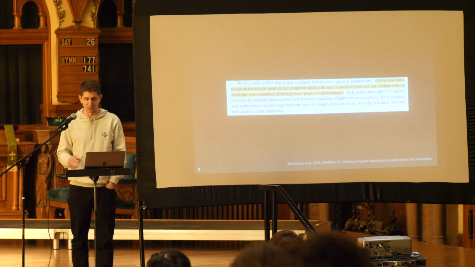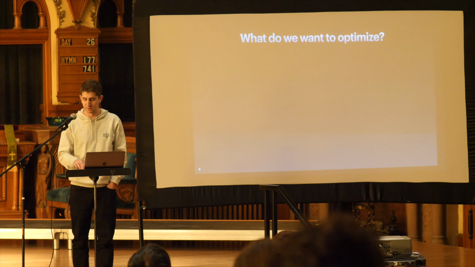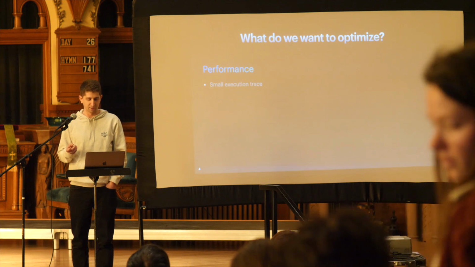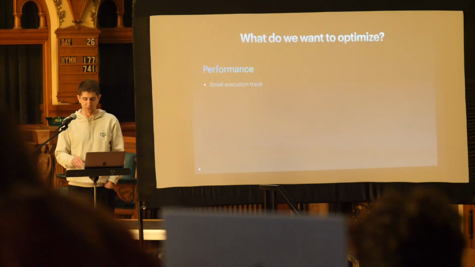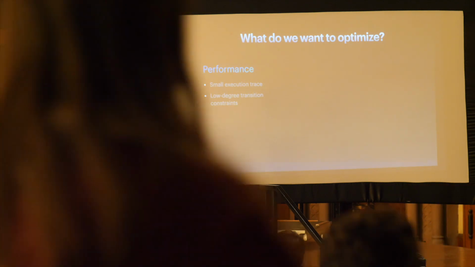And I think not much has really changed 10 years later. So this is performance in a zkVM setting, particularly a STARK-based one. Essentially, we want a small execution trace and low-degree transition constraints.